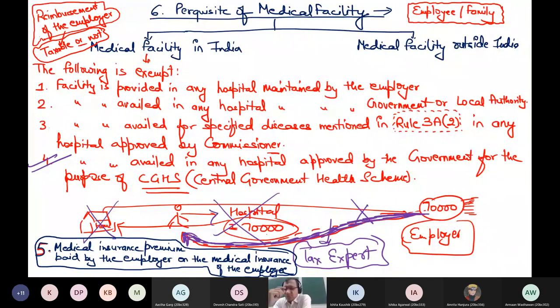Now, why are these exemptions given? To promote brotherhood, you can say. The department is giving this message that if your employer is willing to help in your medical needs, then we are also helping you indirectly by not collecting any tax on that benefit. So this is the benefit to the employee.